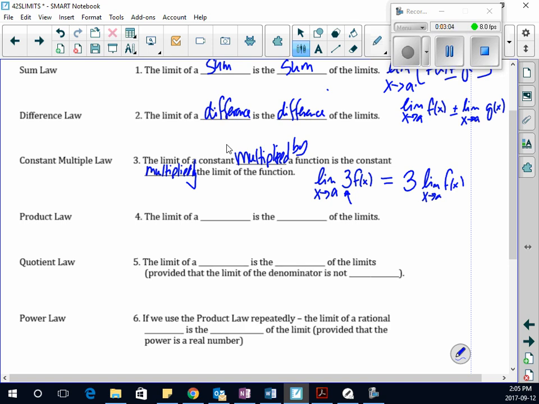Okay, so the limit of a product is the product of the limits. Again, we'll do some examples in a second. This is the same thing as adding and subtracting. If I have the limit as x goes to a of f of x times g of x, I can actually separate it as the two limits.